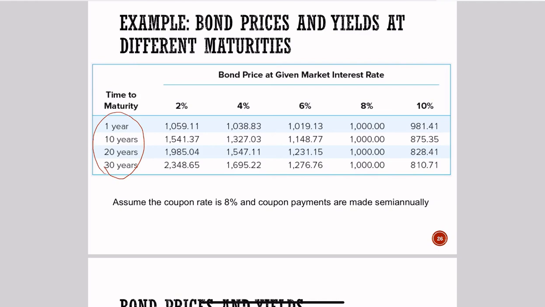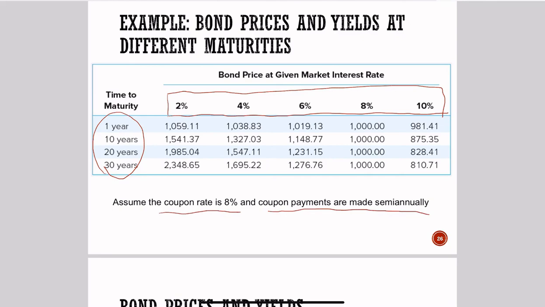And then we have these 5 different interest rates, right? Now let's assume the coupon rate is 8% and the coupon payments are paid semi-annually.